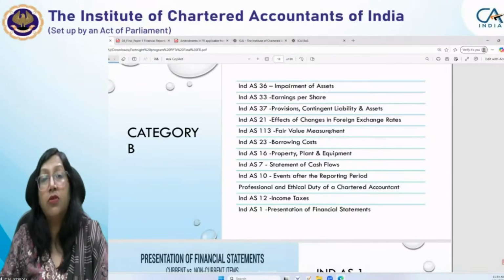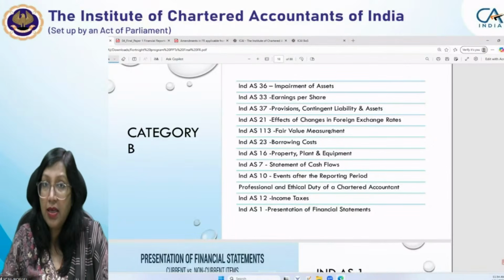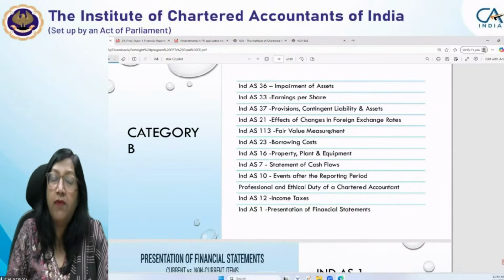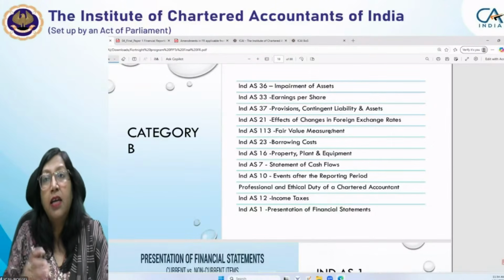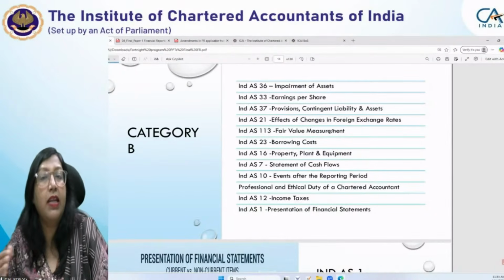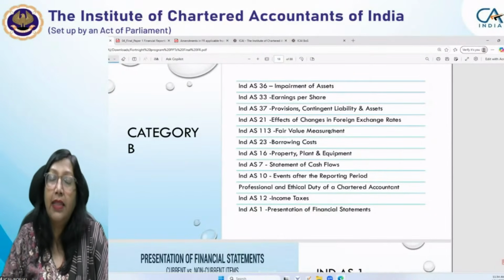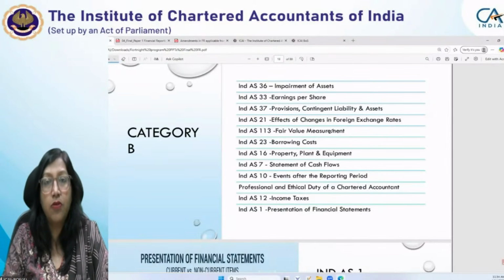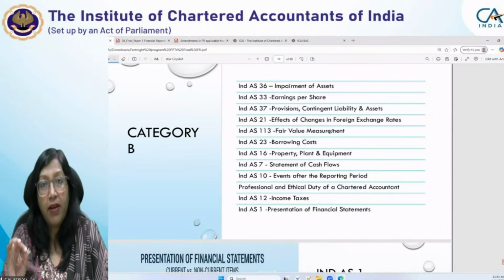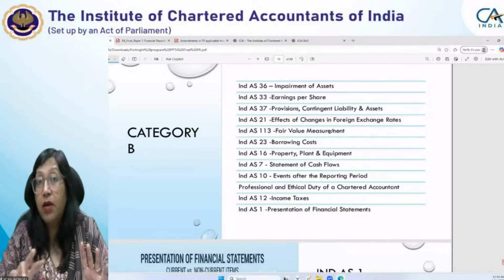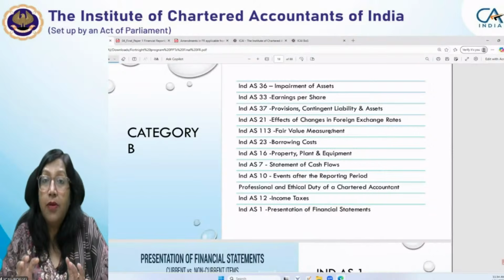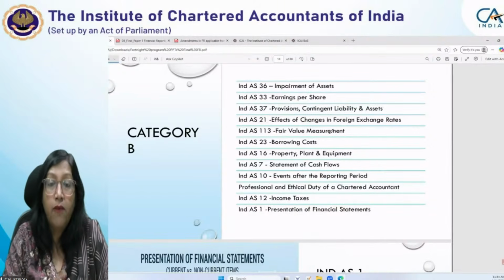We know the concepts, but when we put them on paper with pen, you find that you miss a few important provisions or key terms. You write in very layman general language, and that sometimes leads to not getting full marks. You are not supposed to read word by word or every provision, but key terminology should reflect in your answer for this standard.